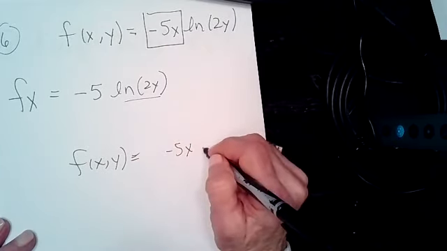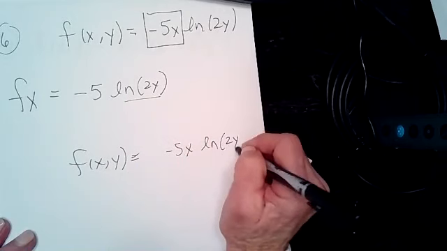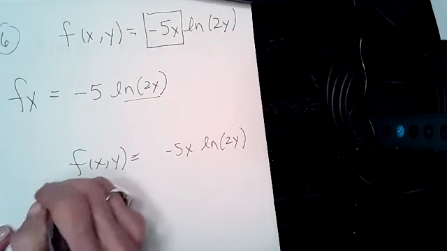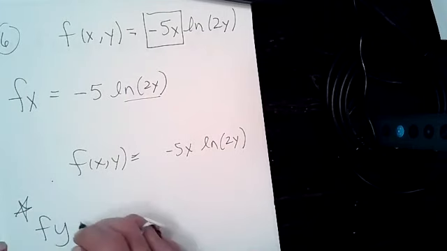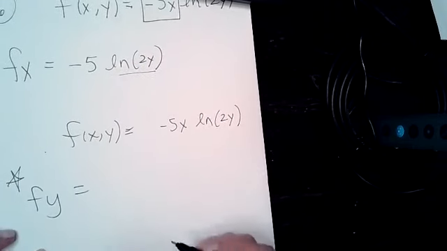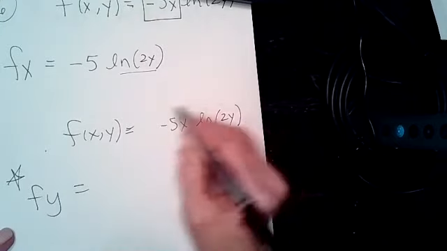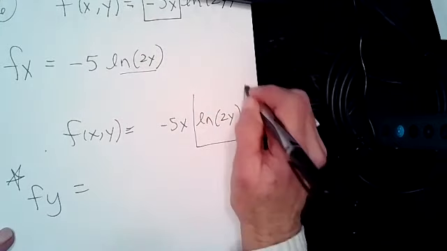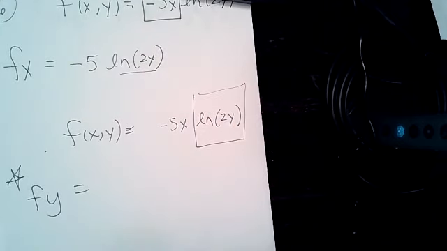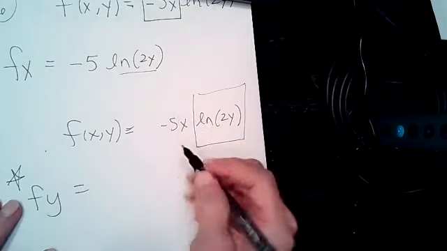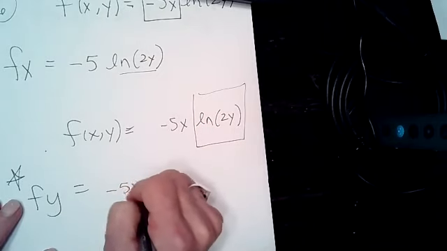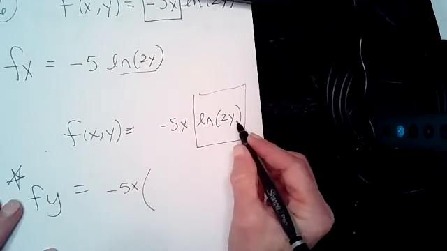So here we go. Here's my original problem. And this is what people miss the most, the derivative with respect to y, okay? So if I take the derivative of this with respect to y, there's my y term, right? I can't separate the ln and the 2y. So it's the constant term, negative 5x, I bring along, times the derivative of the ln term.